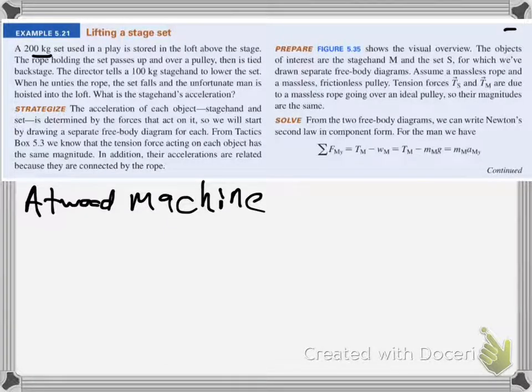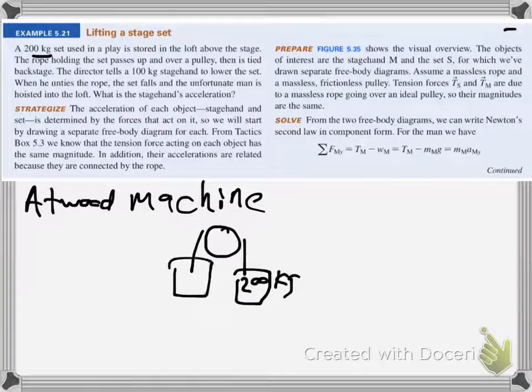Basically, we'll see the nice picture on the next page, but we have this 200 kilogram set and this 100 kilogram person, which I don't feel like drawing. So we have 200 kilograms on the right side and 100 kilograms on the left side. Your intuition should tell you that it is easily going to rotate this way, which is going to cause this to accelerate downwards, which means this is going to accelerate upwards.